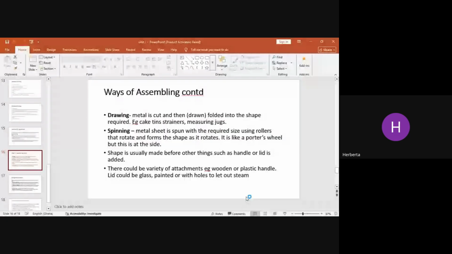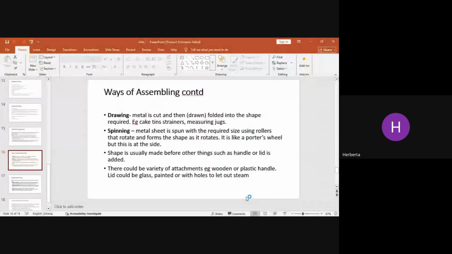Then we have the spinning, like the potter. The metal is made into a paste, and then you rotate it on a shape, like when a potter is making a spinning pot. How the potters shape it and come out with a shape.